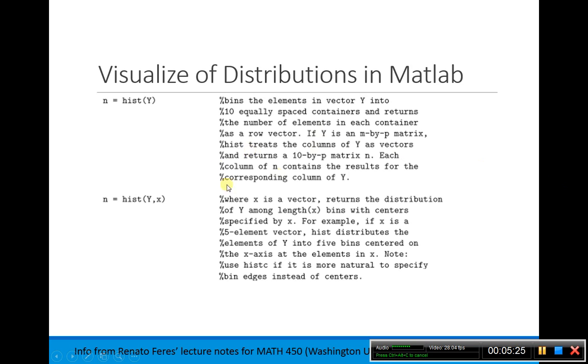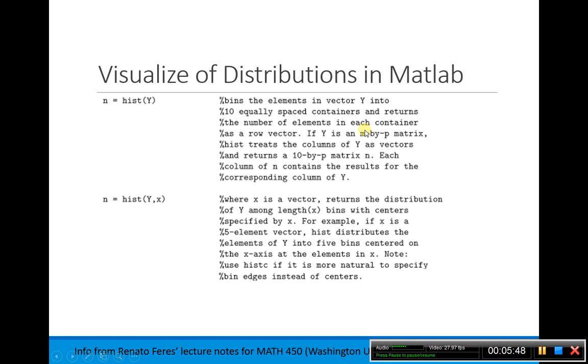One of the ways you can do this is hist. hist y basically creates the distribution. It takes the vector y, and what it does is split it up into 10 equally spaced containers and returns how many numbers are in each of those containers.